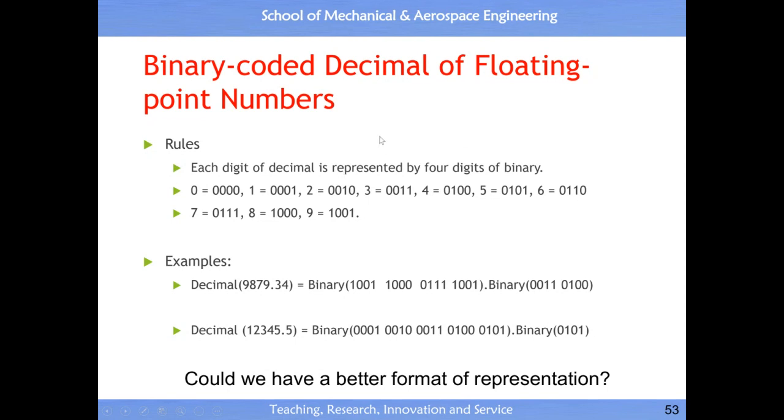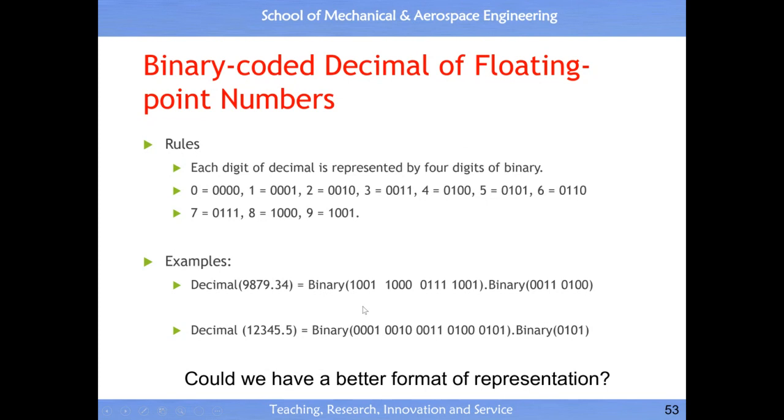Floating point number means we have a fraction. When we have a fraction, one simple solution is, again, to use binary coded decimal. In this case, we can use a fixed size of memory to represent a digit in a decimal number.